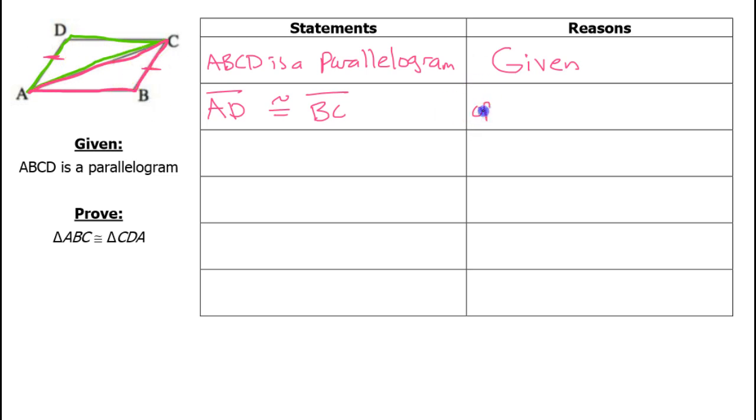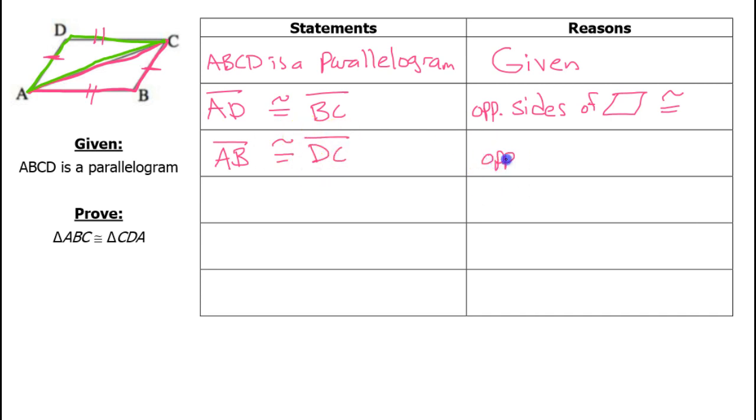Can I abbreviate that enough to fit? Opposite sides of a parallelogram are congruent. While I'm at it, I can go ahead and say this as well. This side should be congruent to that side. So I should be able to say that AB is congruent to DC.